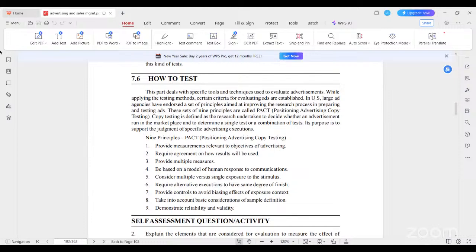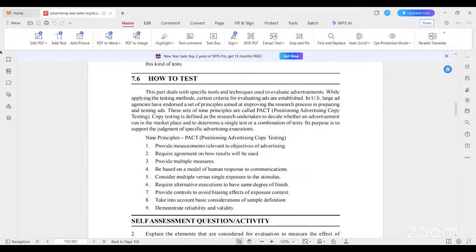The challenges are like attribution modeling, which is the difficulty in attributing conversions to specific advertising channels or campaigns, and then data quality and availability, limited access to accurate and reliable data, particularly in digital channels. Complexity of consumer behavior is also here.